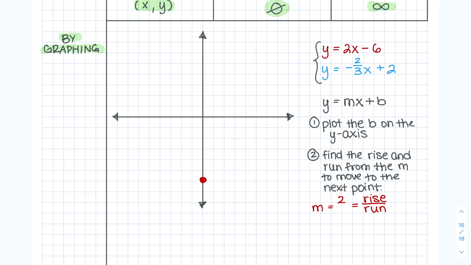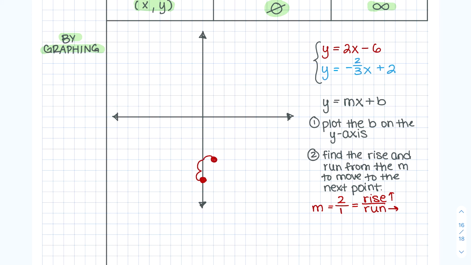However, what's my run? And if we remember for fractions, all whole numbers have a denominator of 1 automatically. So to move to my next point, I'm going to rise, which is moving up 2, and run, which is right 1. So starting from my starting point, I'm moving up 2 and over 1.